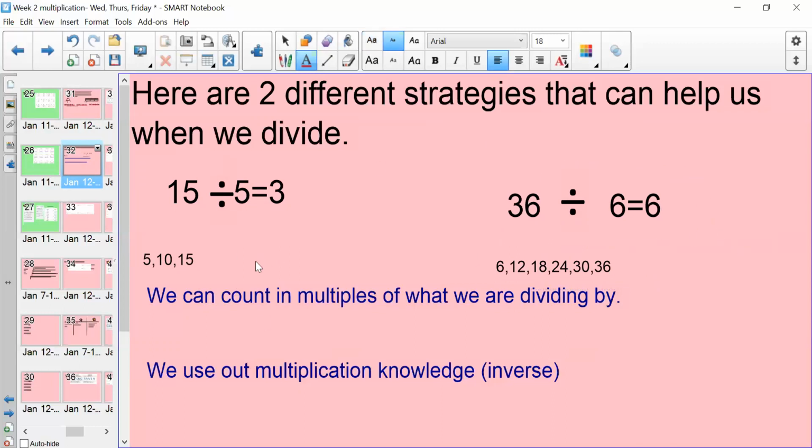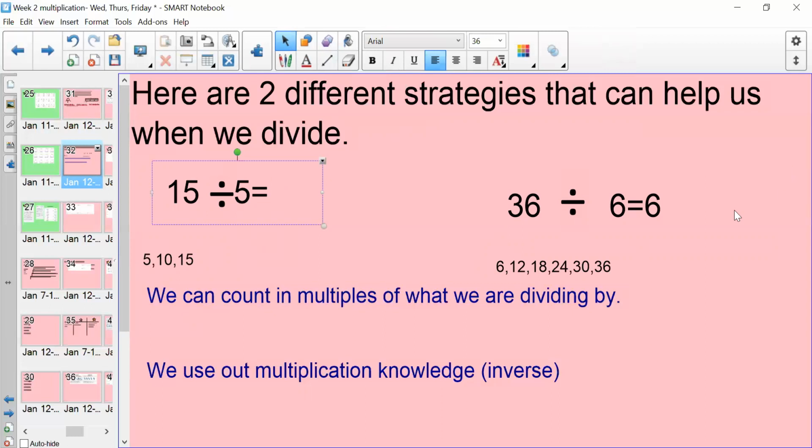Okay, so that's one strategy. The other strategy is to use our multiplication knowledge, our inverse. So for example, if we look at this sum without the answer, so let's just take the answers away. We know that when we are dividing, the whole number is first, and when we are multiplying, the whole number is the answer.